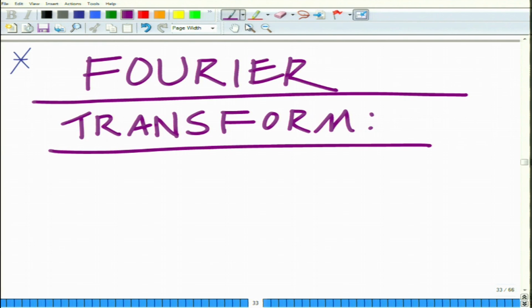And this Fourier transform, remember the Fourier series is defined for a continuous periodic signal. This is for a continuous aperiodic signal.